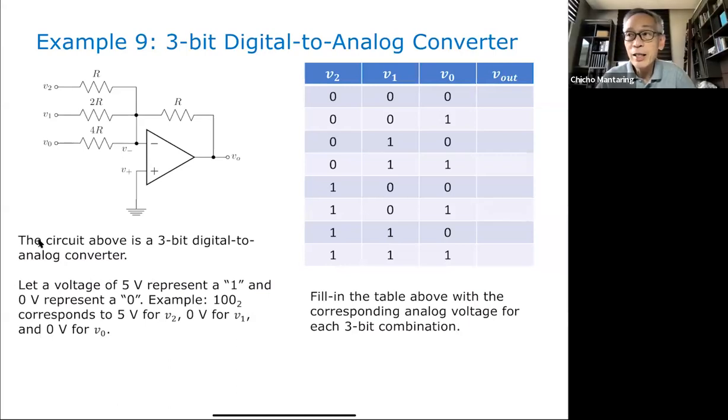Actually, what you described was the difference between discrete and analog. When you say discrete, there are only specific values that you deal with, whereas with analog, you deal with the entire range of values.